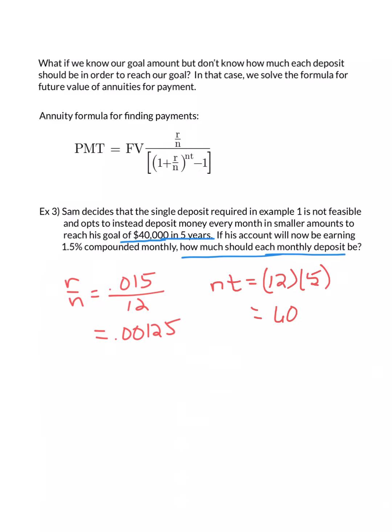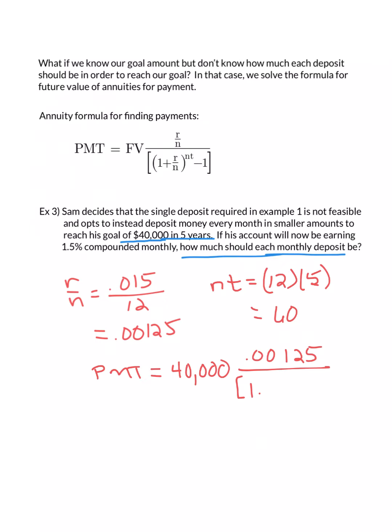Now we're going to put everything into position in the formula. We will have payment equals our future value goal amount, which is the 40,000. In our fraction, we will have 0.00125 over, just like we did on that last one, we are not going to write out the addition step. We're going to go ahead and just do the addition step.